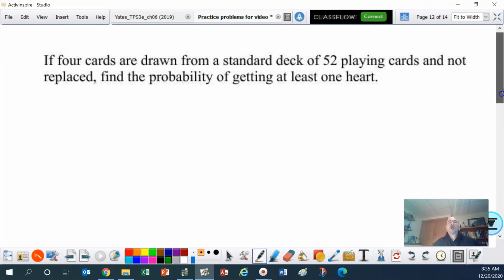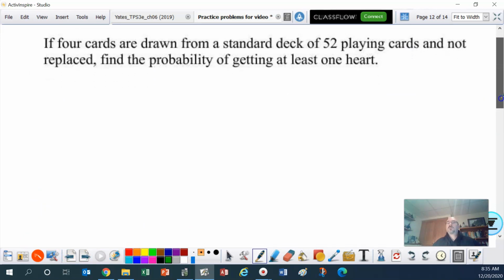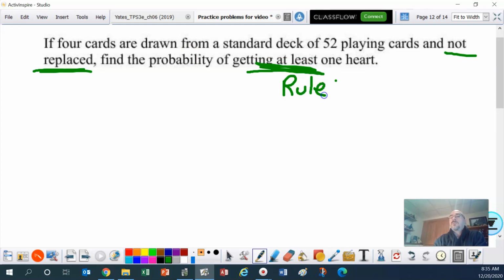If 4 cards are drawn from a deck of 52 playing cards and not replaced, not replaced. Remember, I did talk about replacement and without replacement. Find the probability of getting at least 1 heart. There's the words at least again. I automatically think of rule number 4, the complement rule.